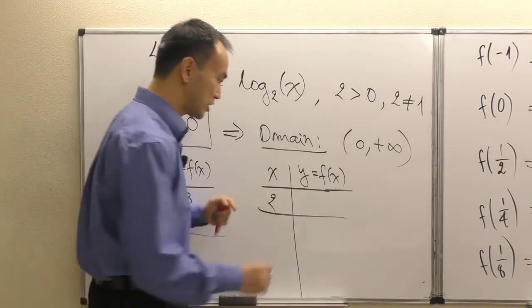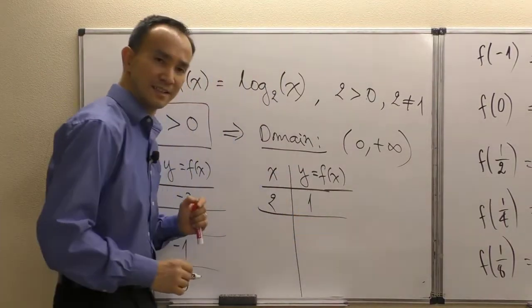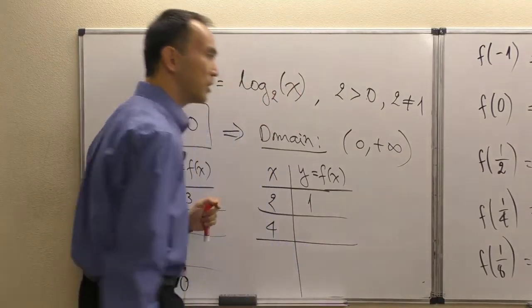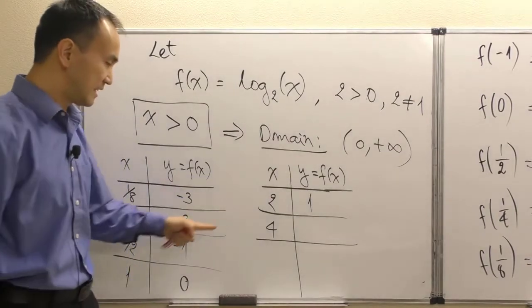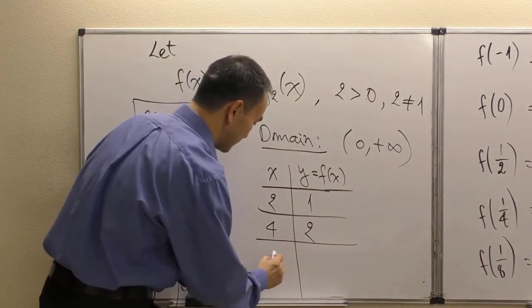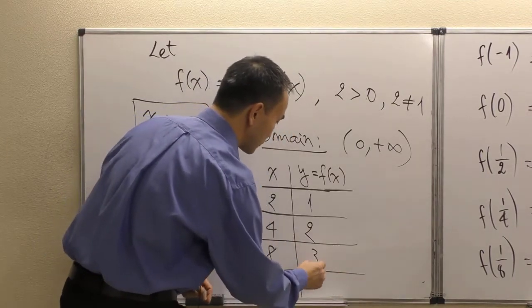But when x equals 2, the function output was 1. Then when x equals 4, I no longer have that on the board because I had to erase all of that, the output was 2. And when the input was 8, the output was 3.